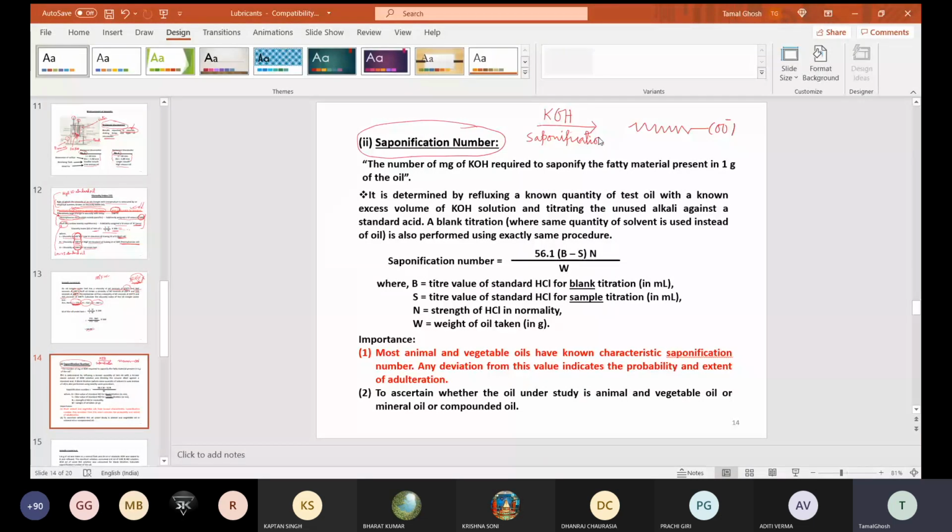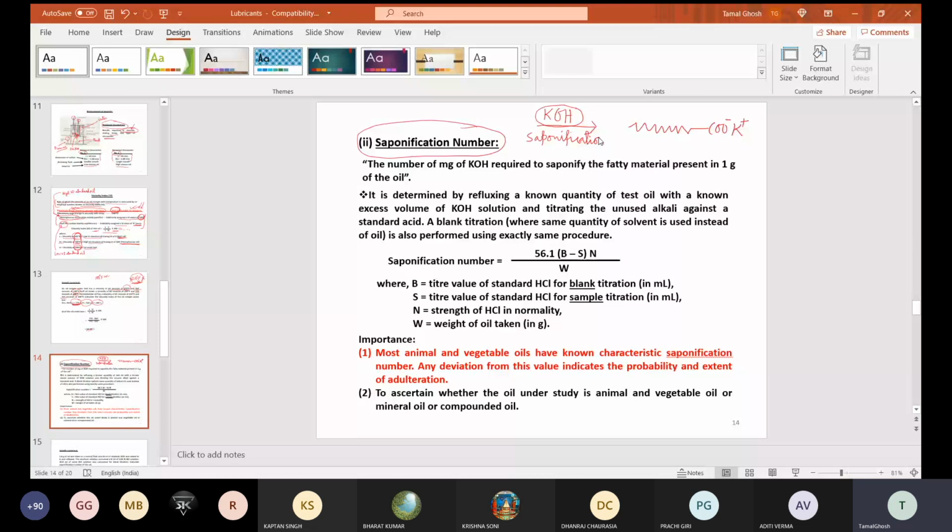Potassium hydroxide makes the alkaline hydrolysis of the ester functional group or groups present, with KOH. This is done at high temperature, and it takes around 1 or 1.5 hours.